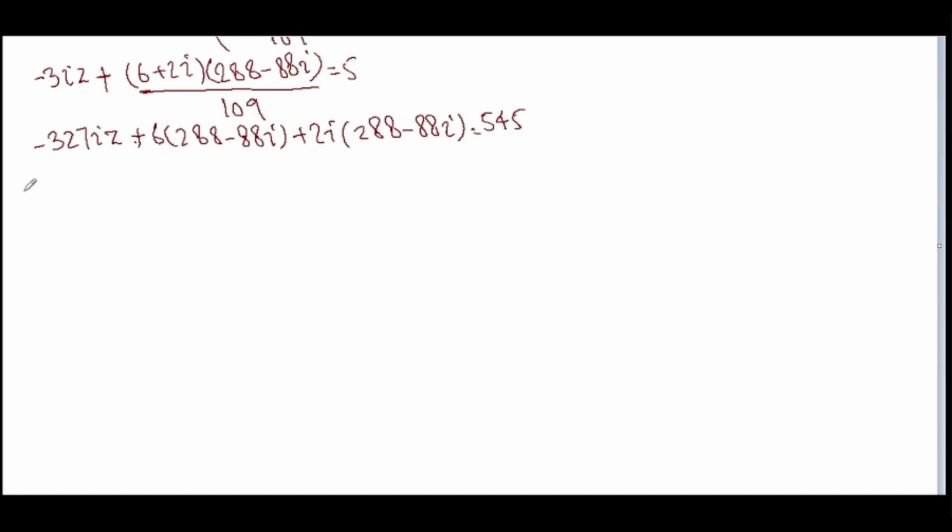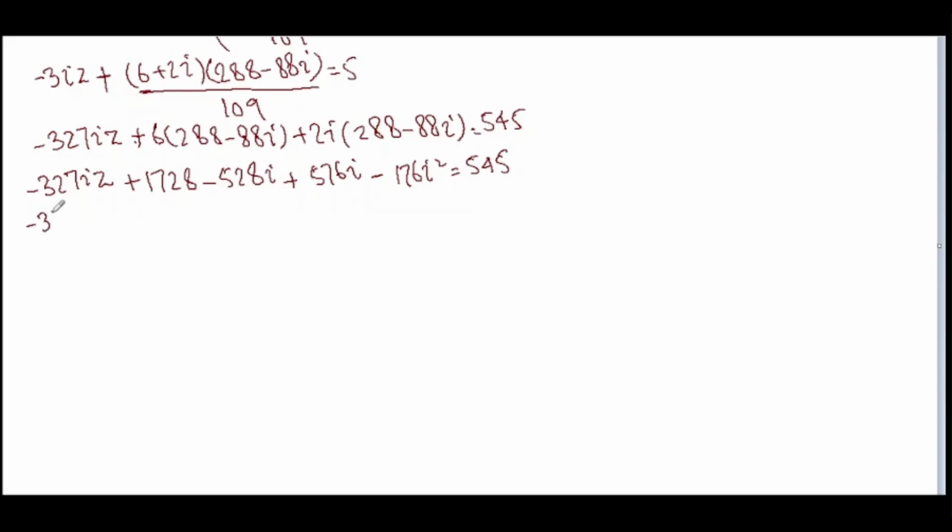Now this would become minus 327 iota z plus 6 into 288, it is 1728, minus 6 into 88 is 528 iota, plus 2 into 288 is 576 iota, minus 88 into 2 is 176 iota square equals 545 will remain as it is.